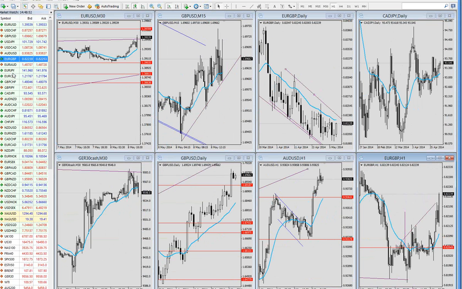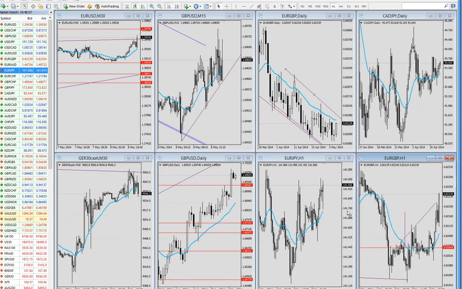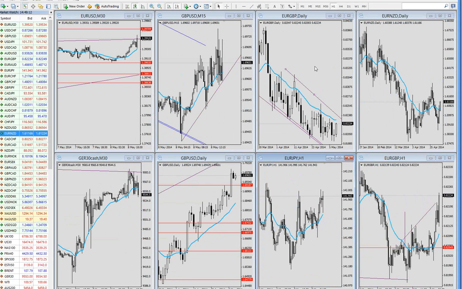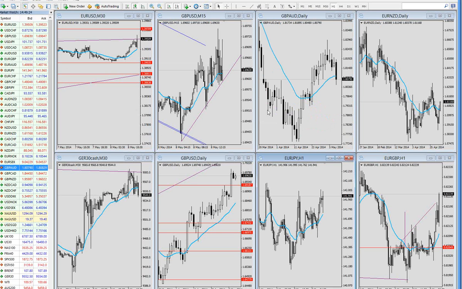Okay, so let's make few more euro crosses on the chart. Euro JPY, Euro Kiwi, and pound kiwi, but the spread is too big, so let's put pound. Okay.